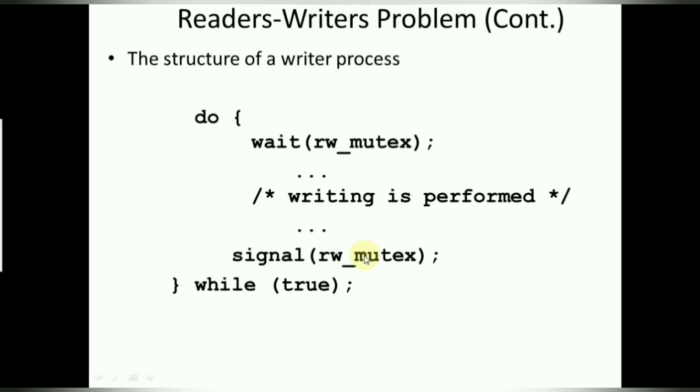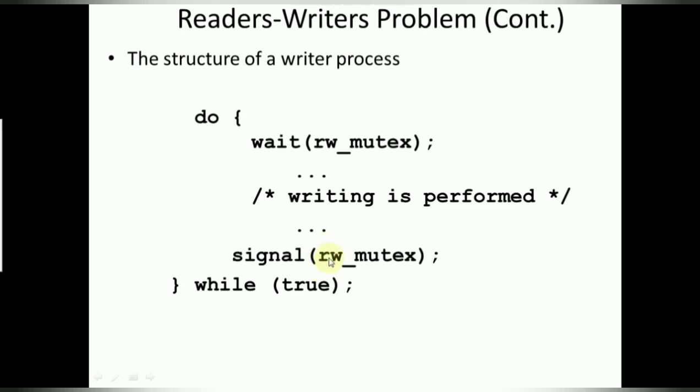Until it releases or unlocks, no other writer can be writing. So if process 1 is acting as a writer process, it runs wait read-write mutex. Once it completes the execution, it runs signal read-write mutex.